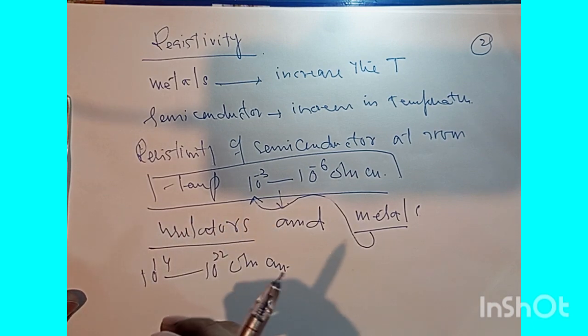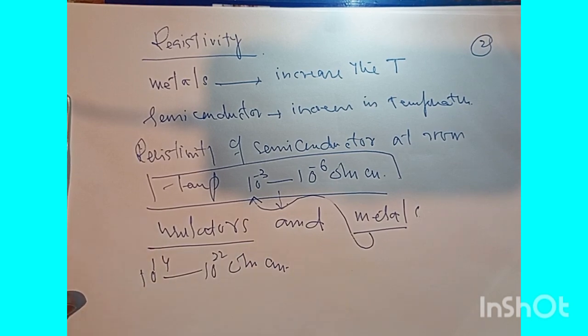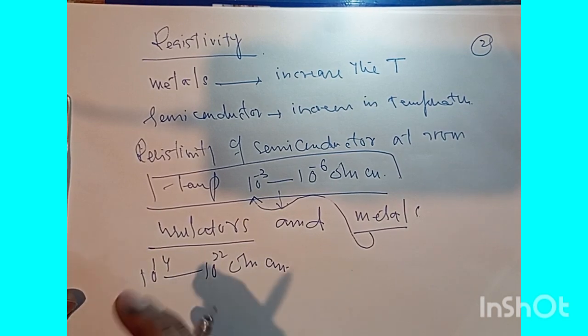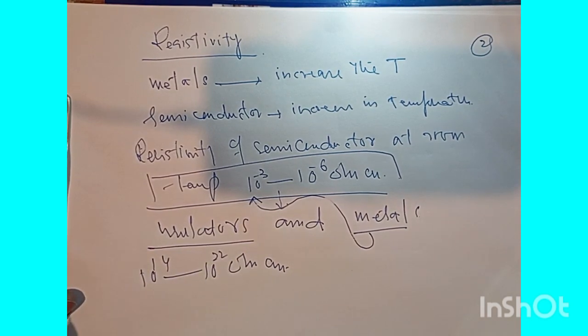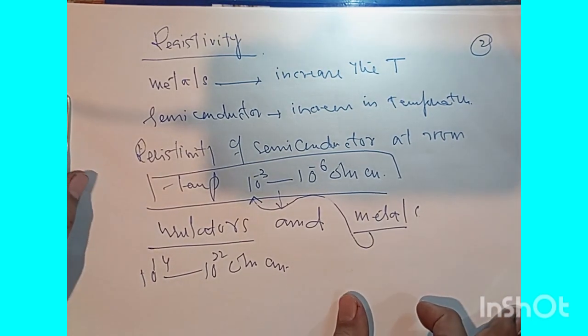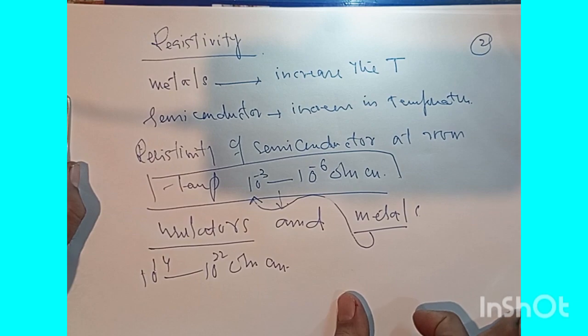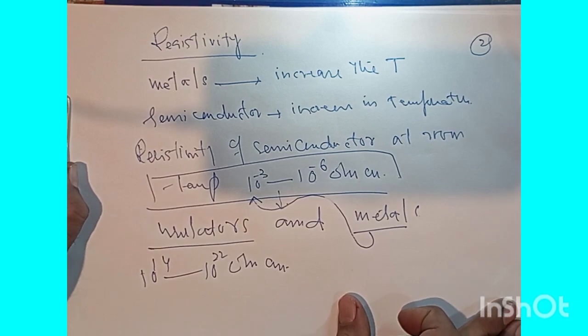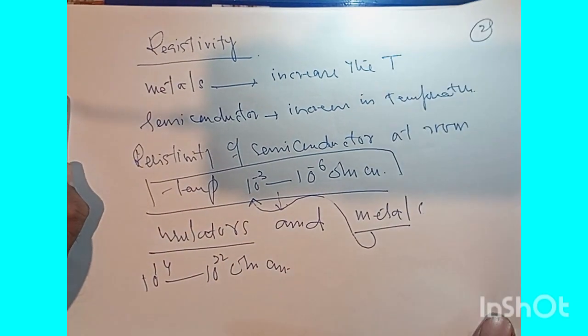So this is how, in general, we can classify on the basis of some parameters between a conductor, a semiconductor and an insulator.